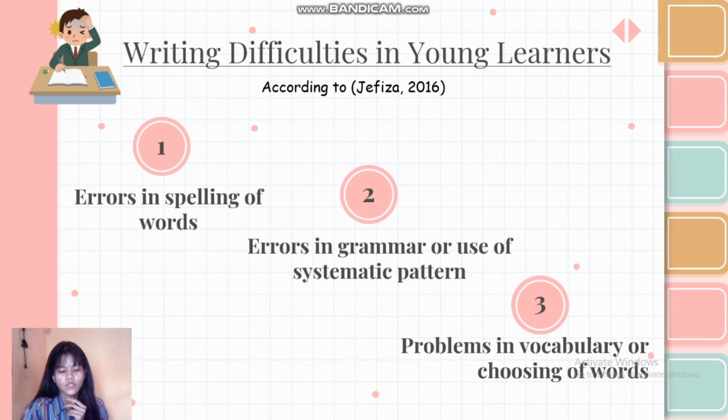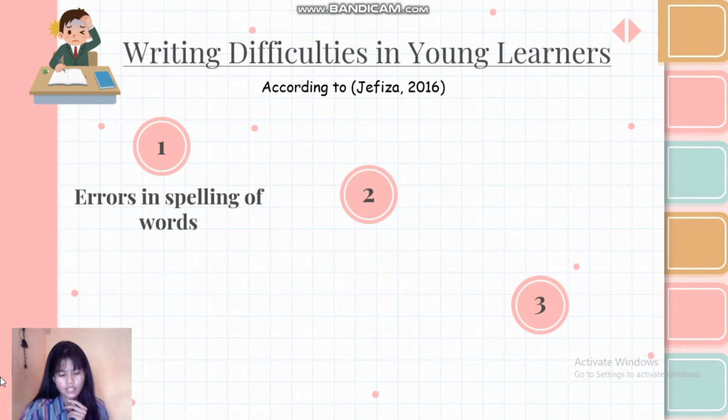The first is errors in the spelling of words. According to the journal that I read, some students still have difficulty writing or spelling some words, and that makes it difficult for them to write down the words they hear, because they are confused about how to spell the word correctly.